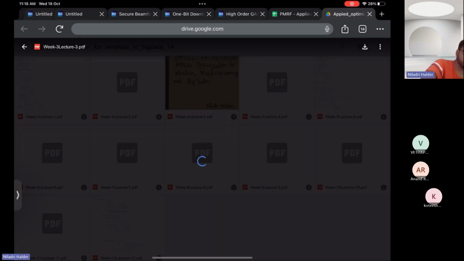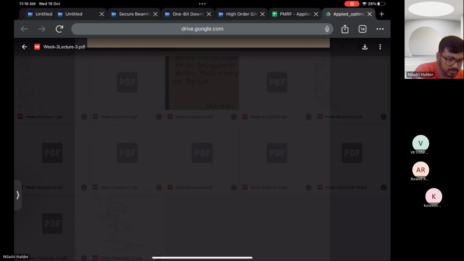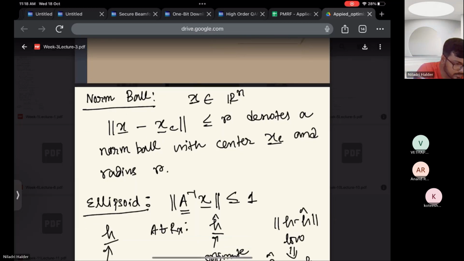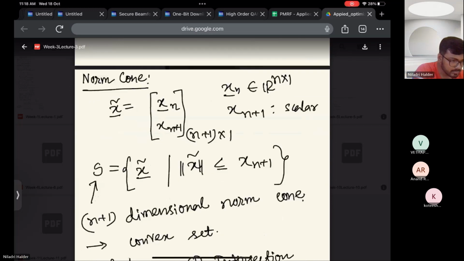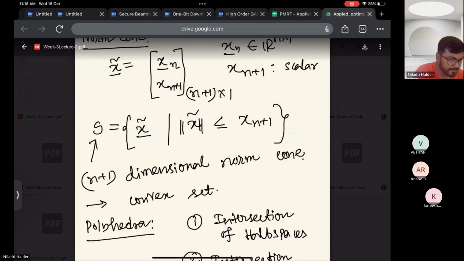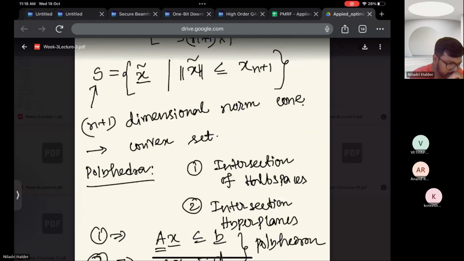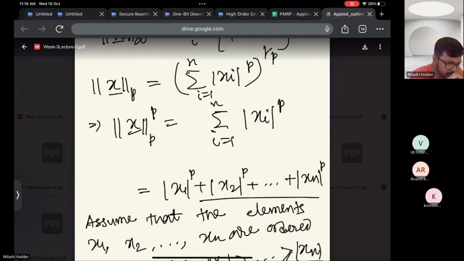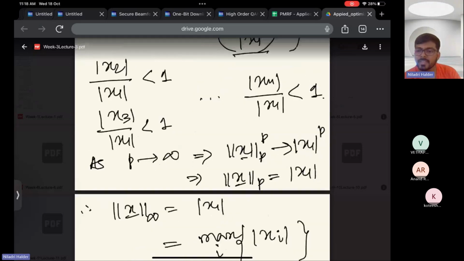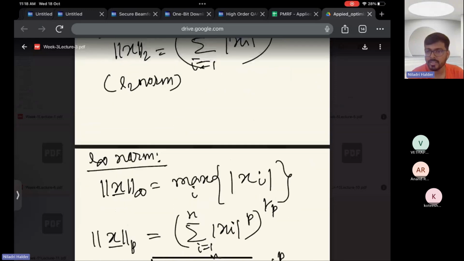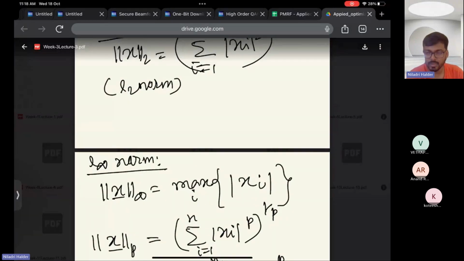For the second order cone. From the definition itself, you can differentiate, right? Quadratic or linear or second order cone.